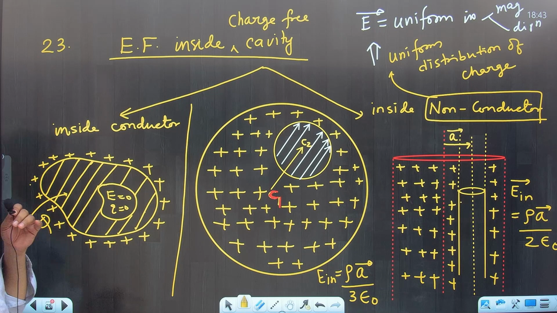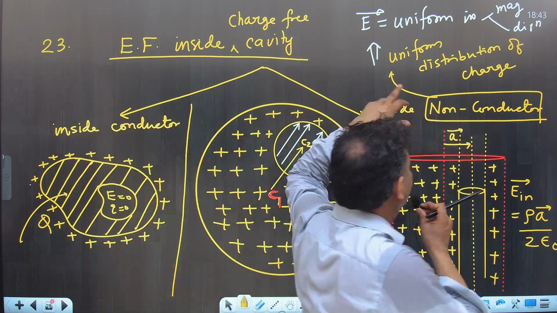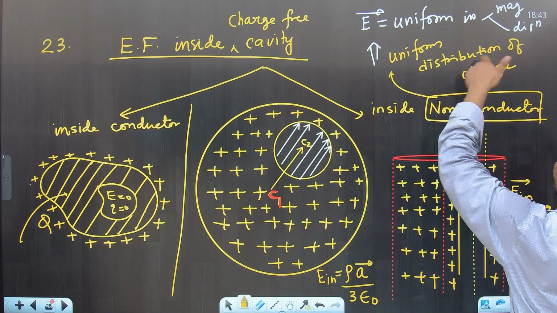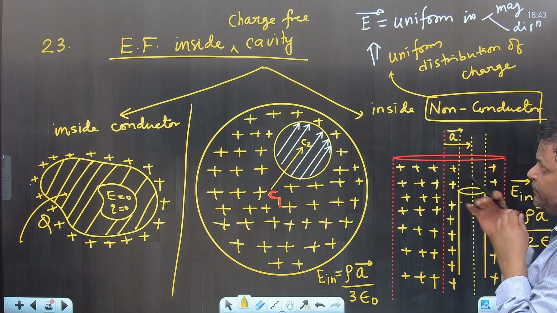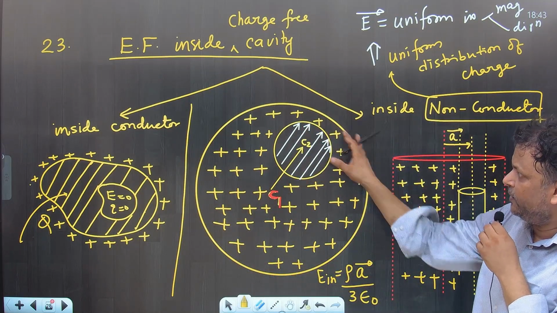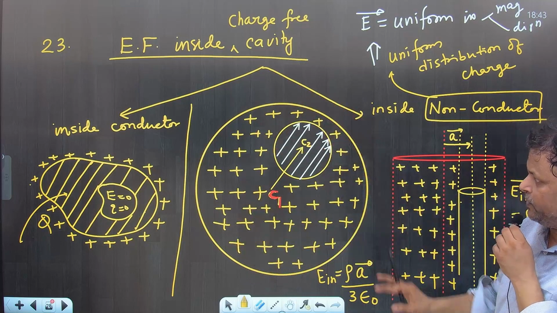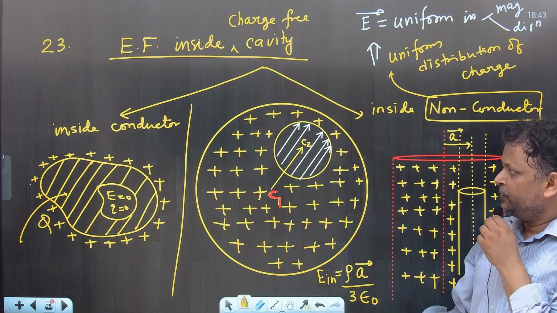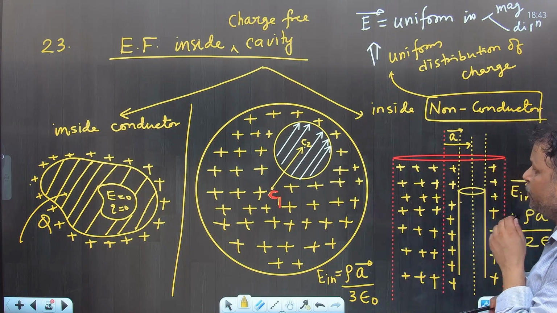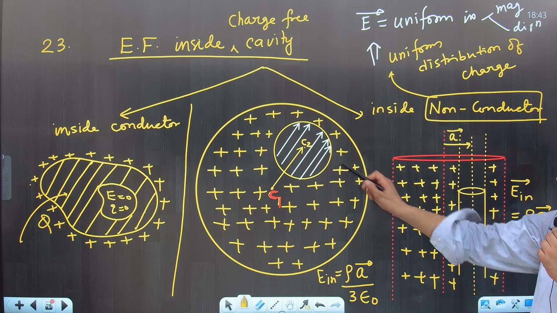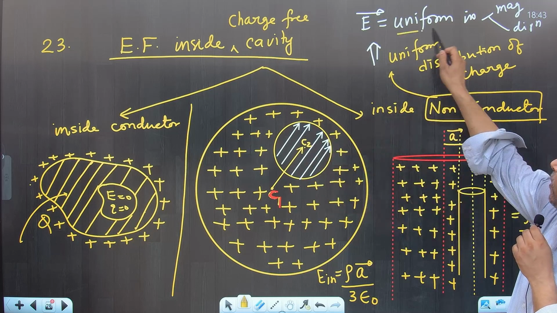Now let us think inside a non-conducting sphere. Non-conducting means uniform distribution of charge. Charge is uniformly distributed. So there is a spherical cavity inside a non-conducting sphere which is uniformly charged. Center of the sphere is C1, center of this cavity is C2. So electric field inside this cavity will be uniform.